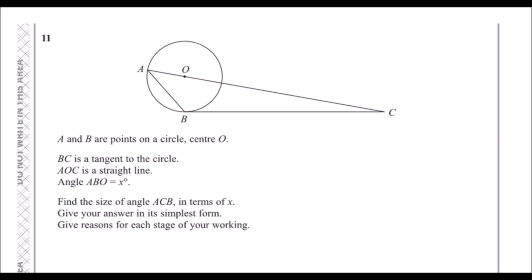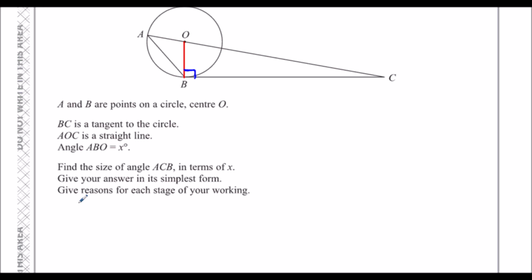Question 11. A and B are points on a circle with center O. BC is a tangent to the circle. So we know a tangent meets a radius at 90 degrees. So we've got a 90-degree angle here, and I'll write that in.